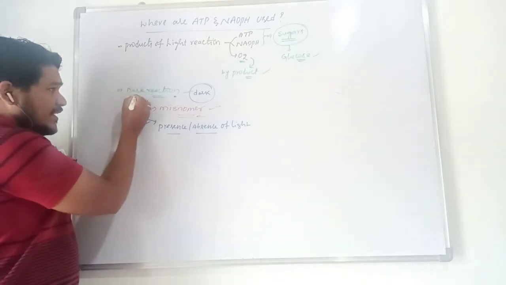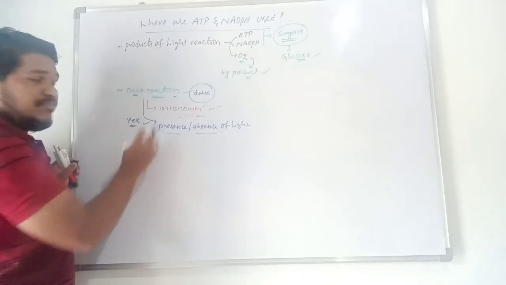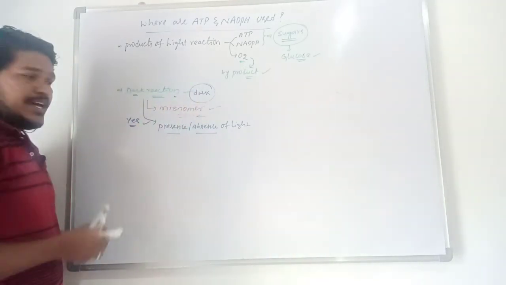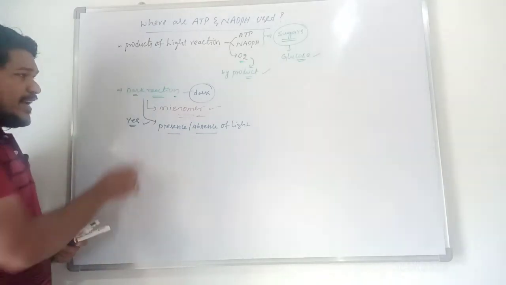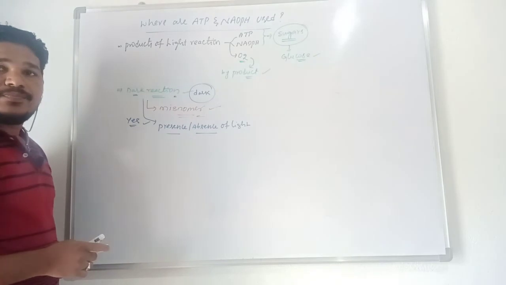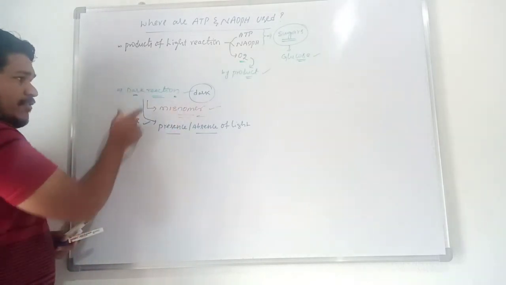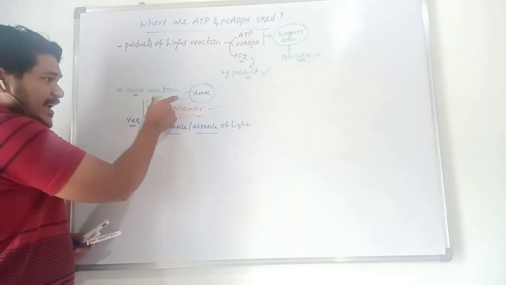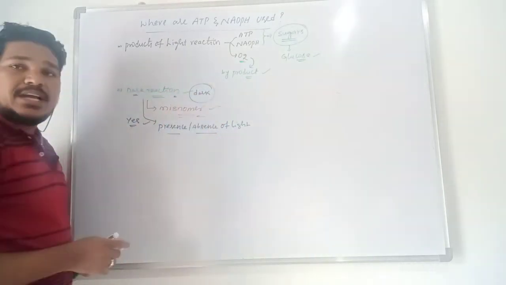So the term dark reaction is a misnomer for the biosynthetic phase in photosynthesis. It is obviously correct, because the dark reactions of the biosynthetic phase do not occur only in the dark.